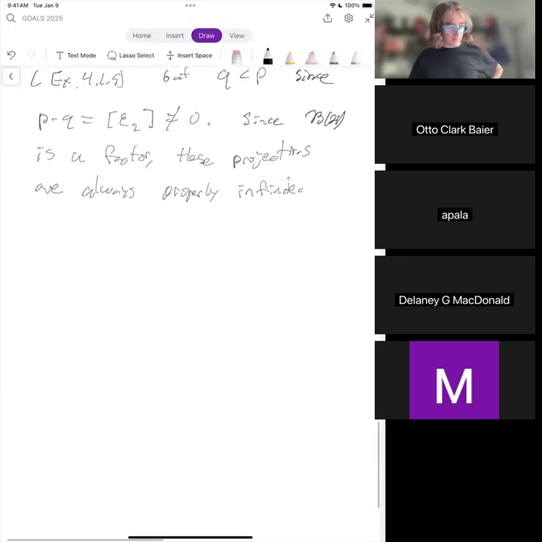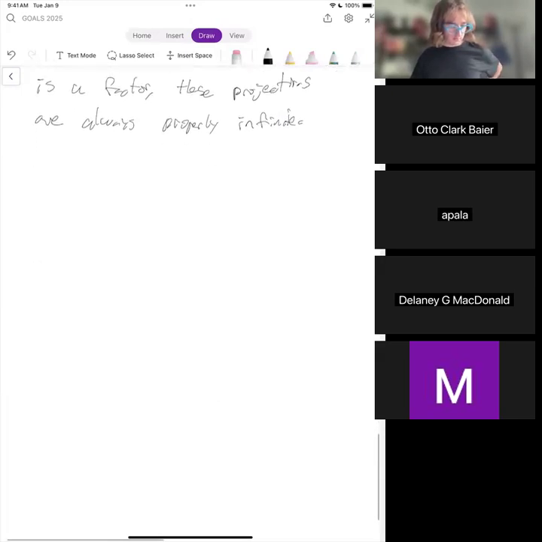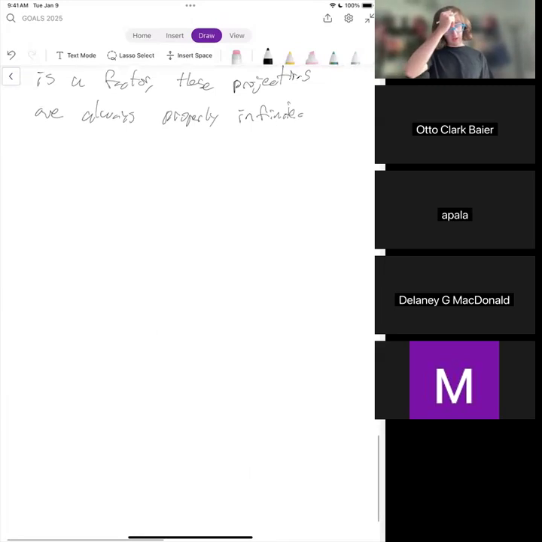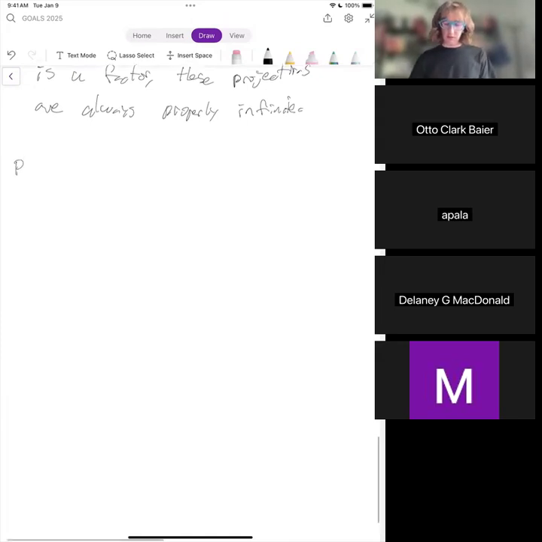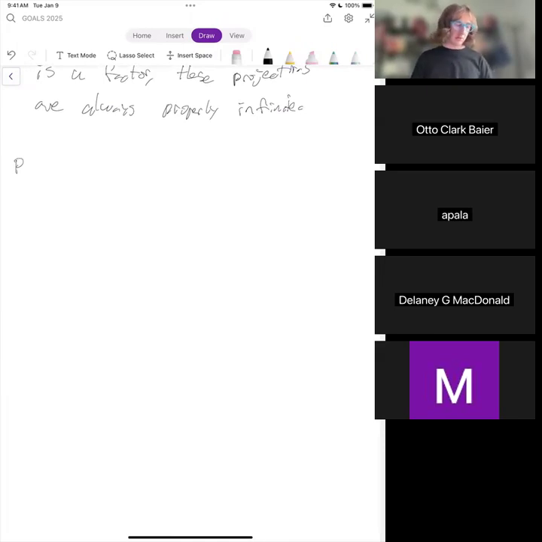And so a proposition that's sort of inspired by the idea in linear algebra that a matrix is going to be invertible if and only if it's both left and right invertible. And so that works in a more general setting.